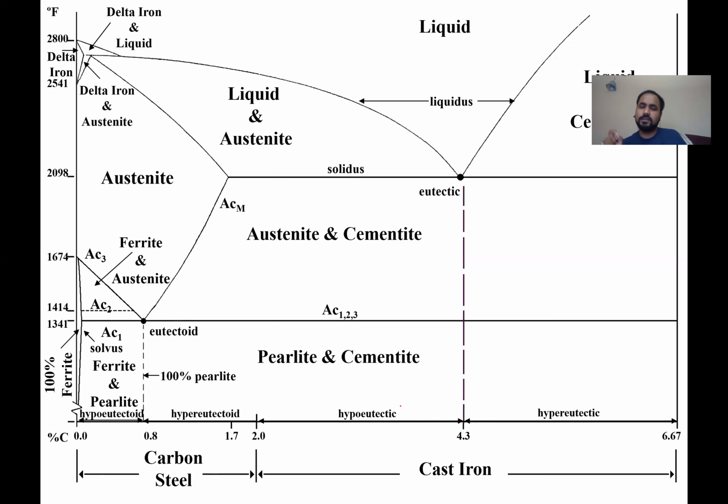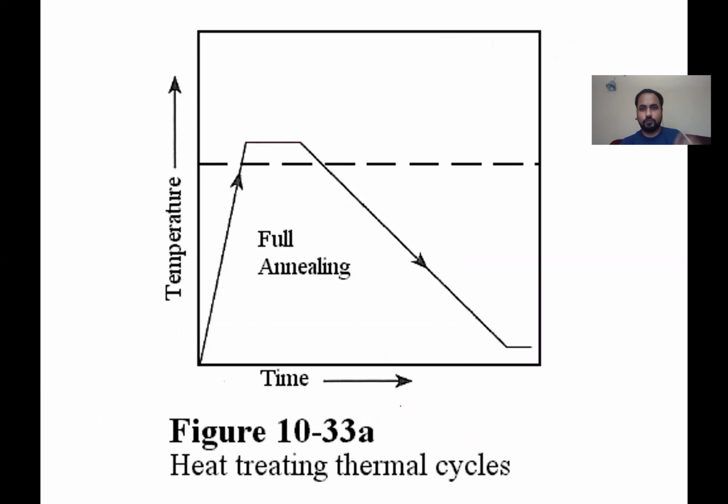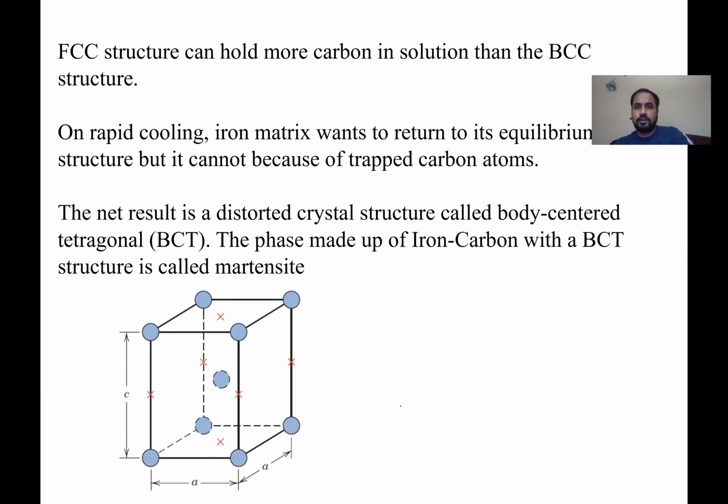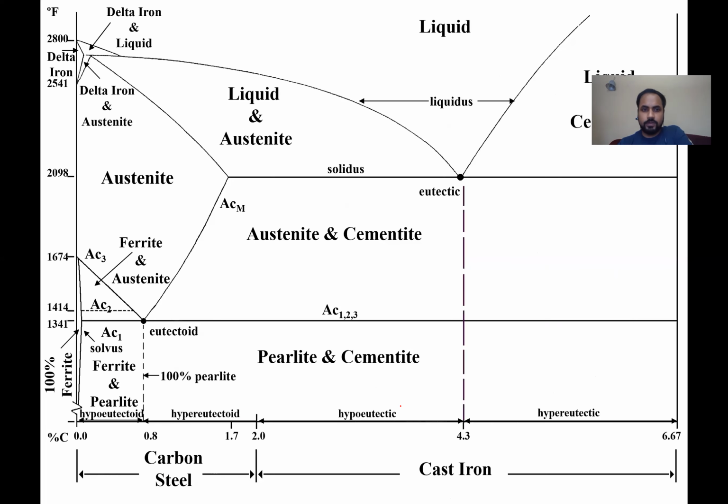So martensite being a metastable phase and it forms at a really fast quenching, that's why it's not visible in the iron carbon phase diagram. But martensite is one of the most important phases that exist. So we'll discuss how martensite forms as well, why martensite is forming. So let's talk about that.